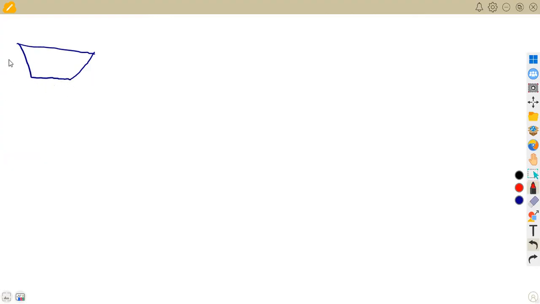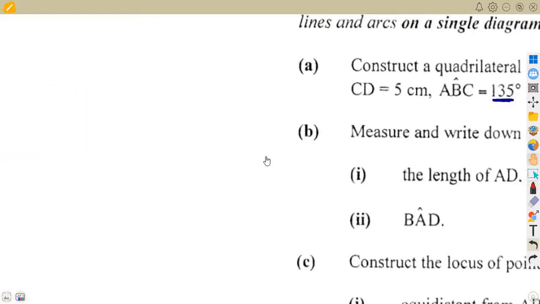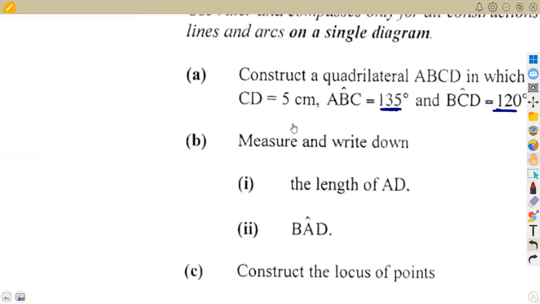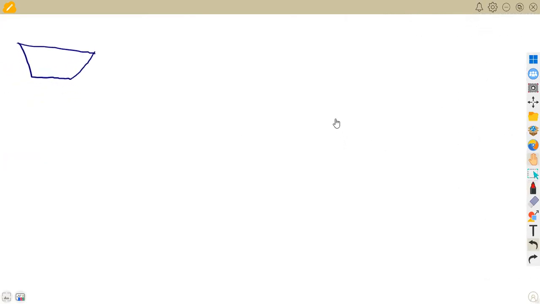So if I choose this to be the 135, remember the 135 is on angle ABC. So I'm going to maintain the order A, B, C, D for our quadrilateral, with angle ABC being 135. So this is going to be my 135 degrees.